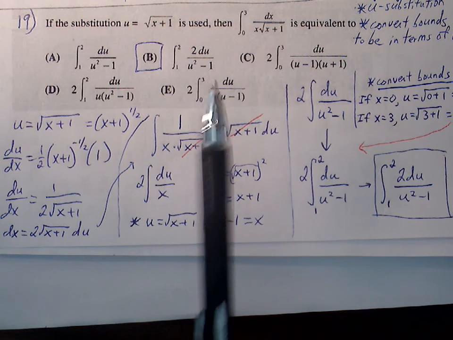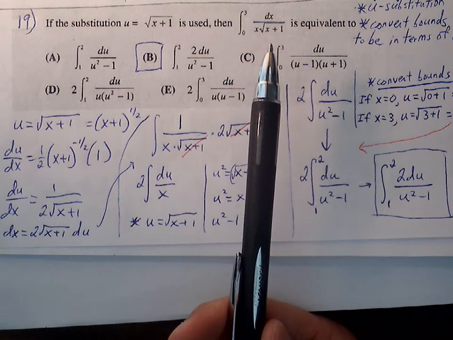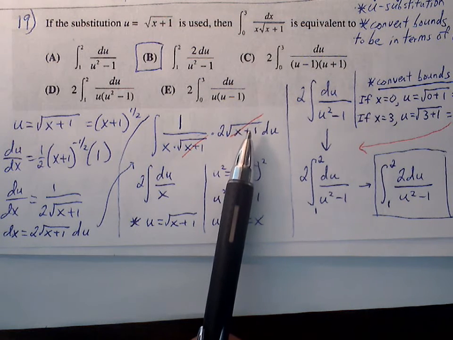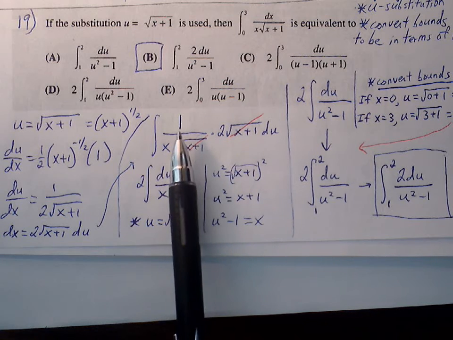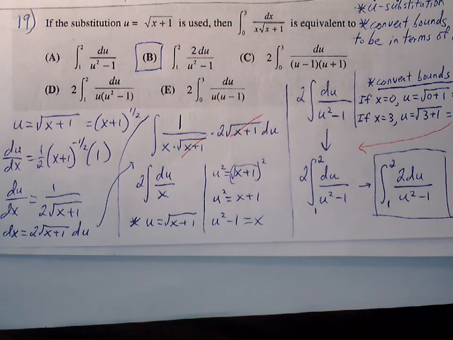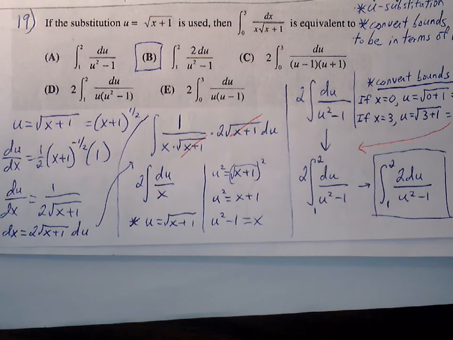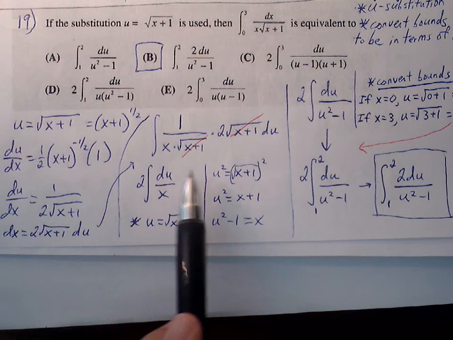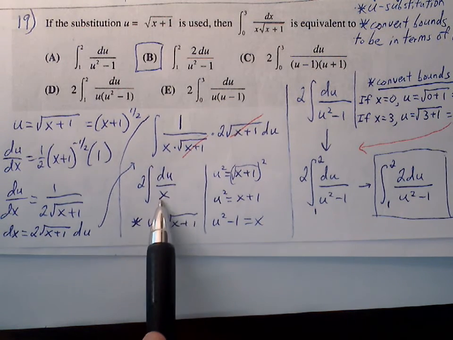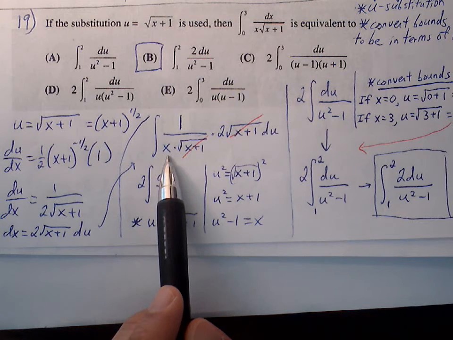We substitute back into our original problem. Dx gets replaced with 2 root x plus 1 du, and our u gets plugged in for square root of x plus 1. And we're able to get that to cancel out. And we have x left over.